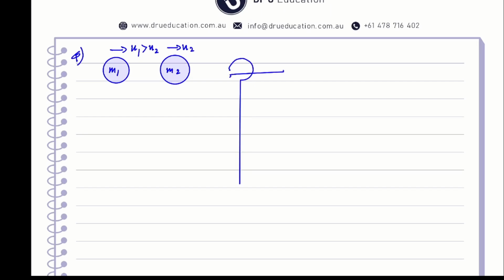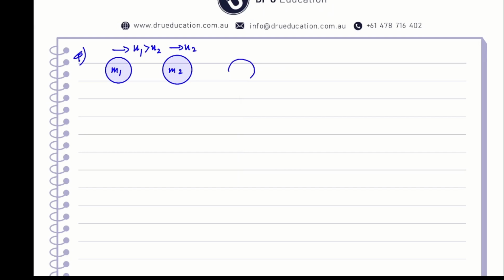So now we will discuss an example. So think about this system. You have m1 here, the speed is u1. You have m2 here, the initial speed is u2. u1 is greater than u2. So obviously there will be a collision then. When the collision is happening, it looks like this.